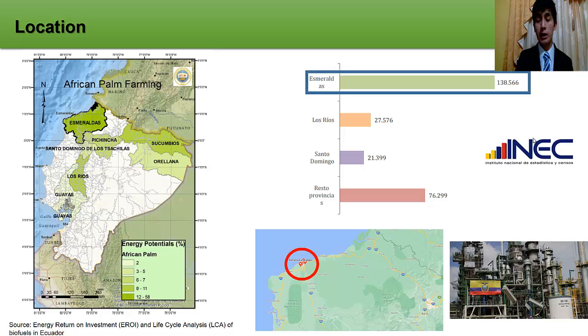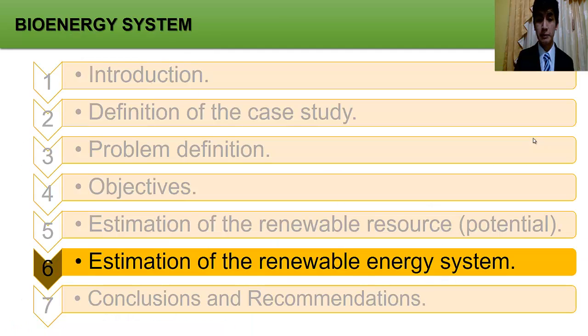It means that we need a refinery to produce the biodiesel. So as we can see, Esmeraldas is the province with the main amount of palm oil, and in Esmeraldas is the refinery. So the logical location for a producer plant is going to be Esmeraldas.